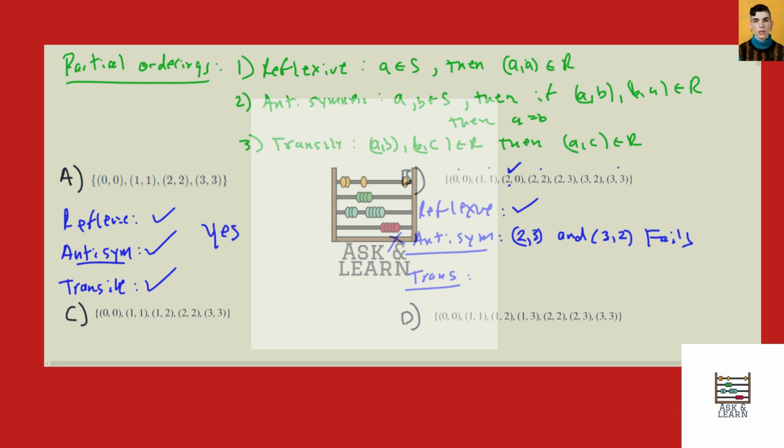Well, (2, 3) goes to (3, 2), and so that would be the point (2, 2), which is right here, so that checks. How about this one? So we go from 3 to 2, and then we could go from 2 to 3, and then (3, 3) is also in there, so that one checks. So this is transitive. But this one is not a partial ordering due to the anti-symmetry failing.